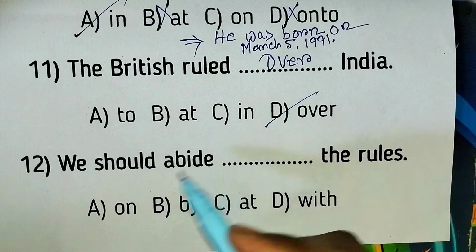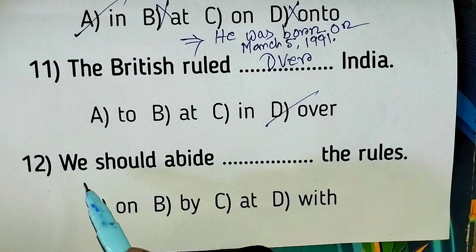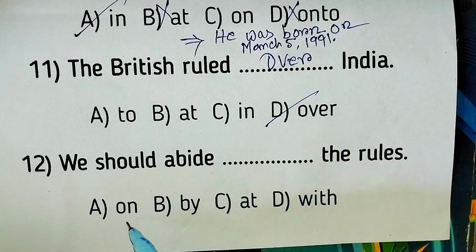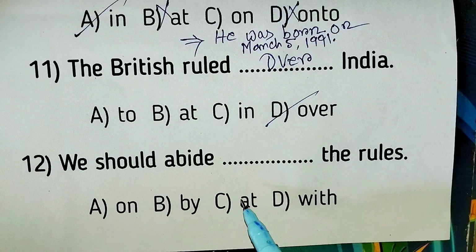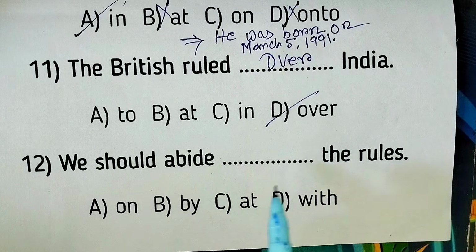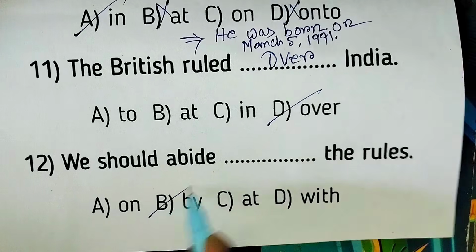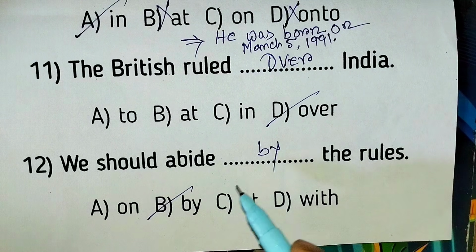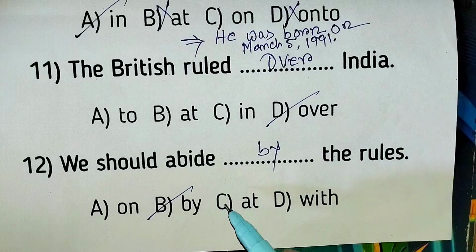So next, this is the last one. We should abide dash the rules. Abide on the rules, by the rules, at the rules, or with the rules. Actually, the right answer is option B, by. So by is always used with abide, because abide by means that you have some moral obligation.